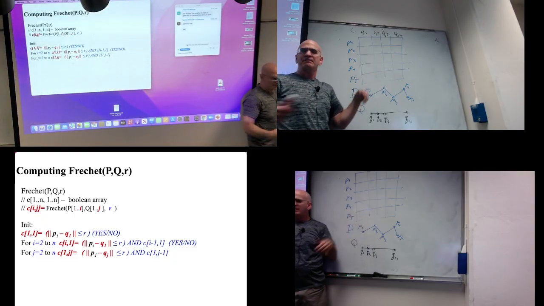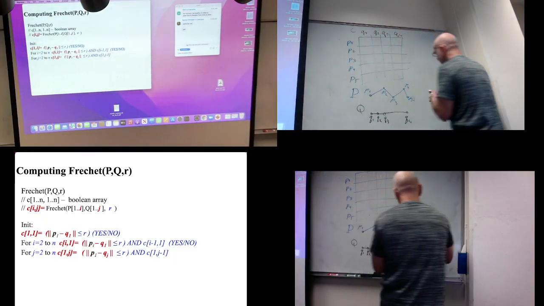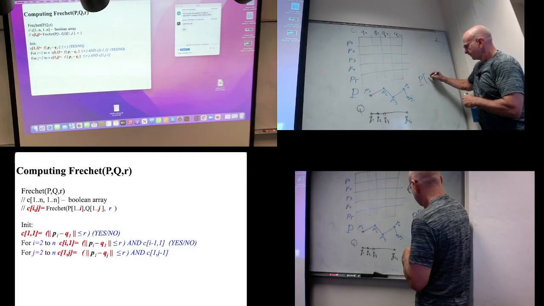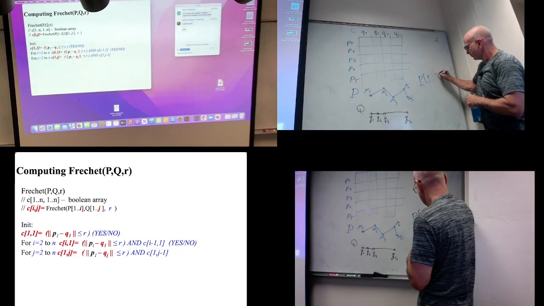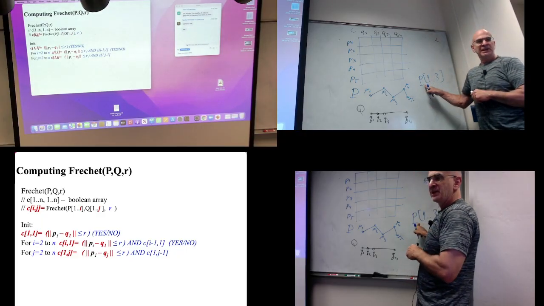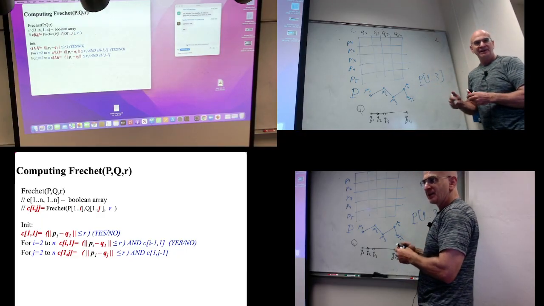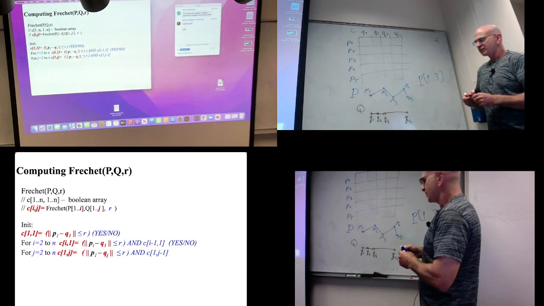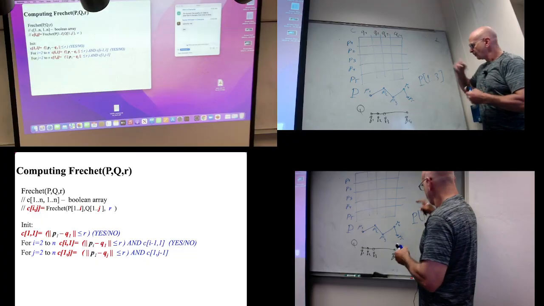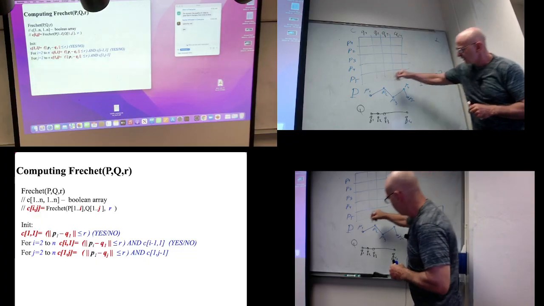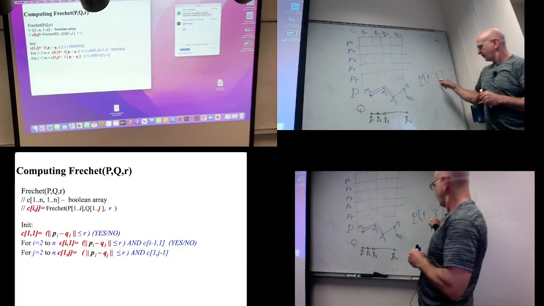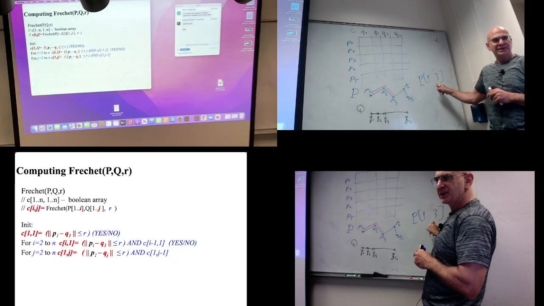When I write P of 1 dot dot 3, I mean the prefix of the first three vertices of P, compared to the LCS, the edit distance, and dynamic time warping. What is P of 1 dot dot 3? It's the polygonal path that consists of P1, P2, P3, a prefix of three vertices.